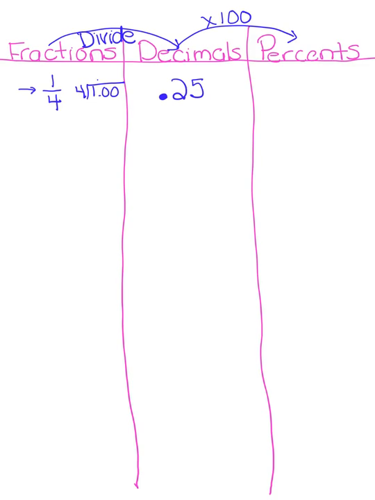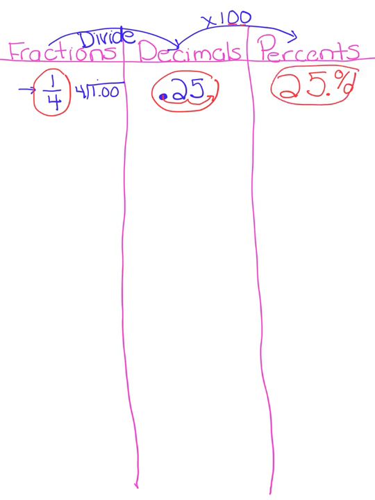We know that multiplying by 100 will move the decimal 2 places. The percent that's equivalent is 25%. So 1/4, 0.25, and 25% are all equivalent.